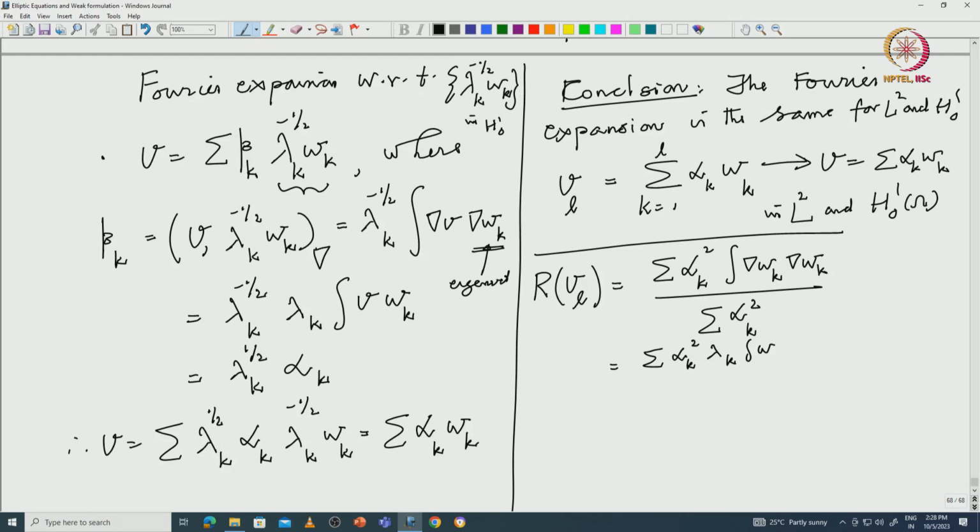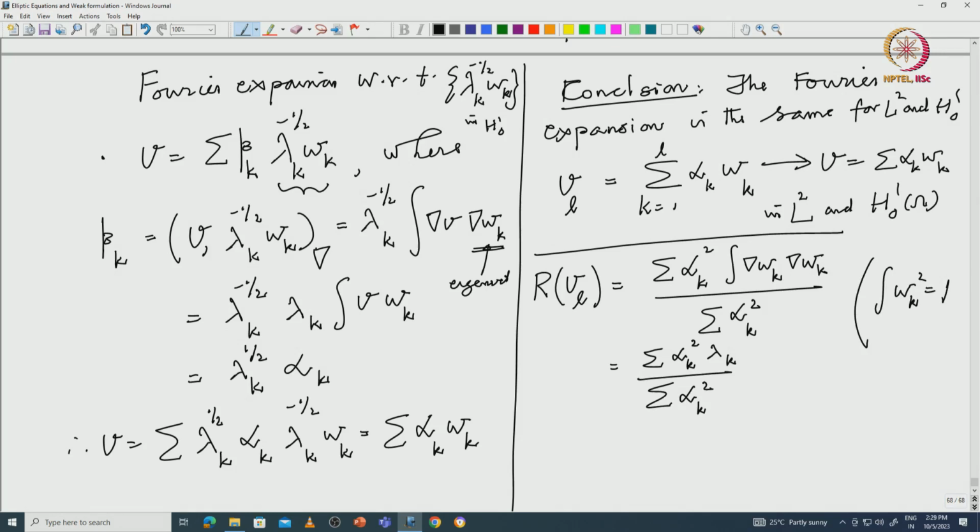It's an orthonormal basis, so we normalize with respect to L2. So this is nothing but your lambda k times the integral of Wk squared, which is 1, because it's an orthonormal basis, over sigma alpha k square.